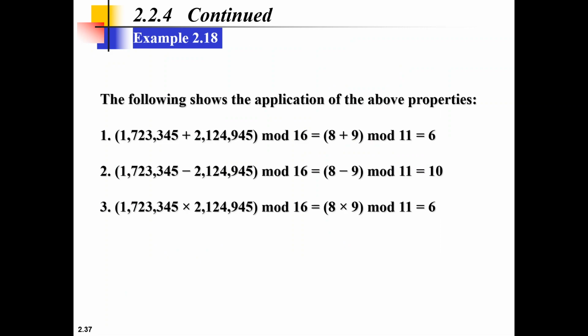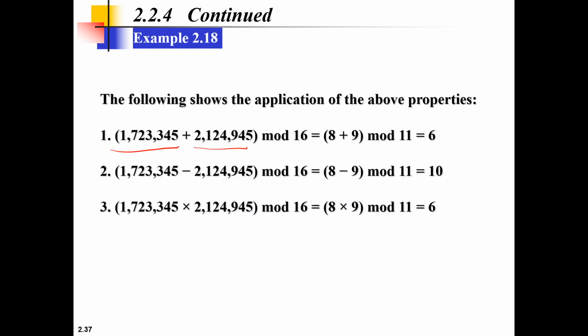Now if you look at this example, we are talking about large integers here. I told you in cryptography we talk about 128 bit, 128 place decimal digit numbers. So definitely all these operations are carried out on very big numbers.